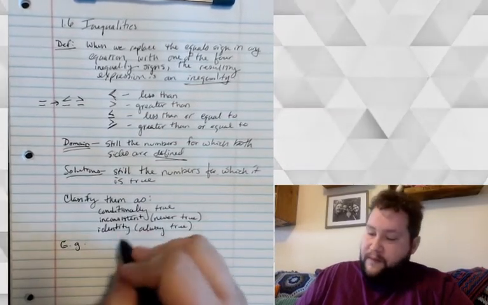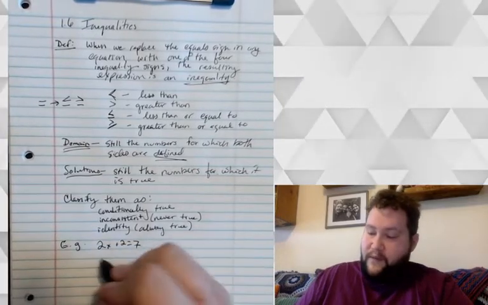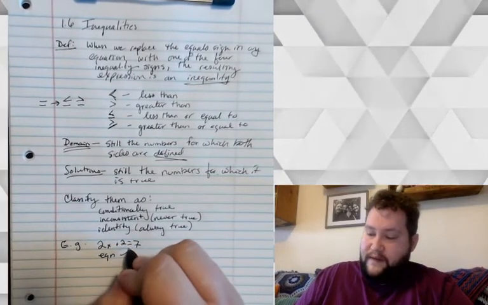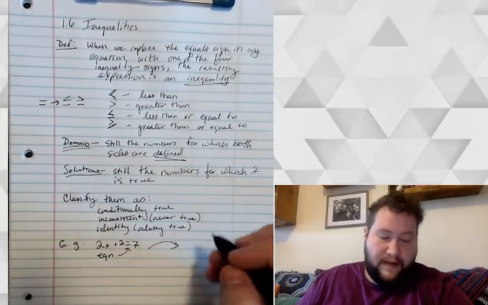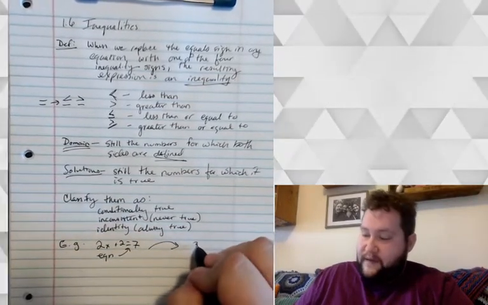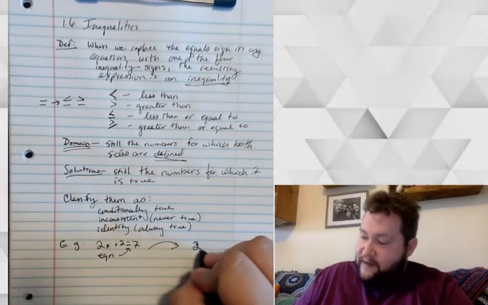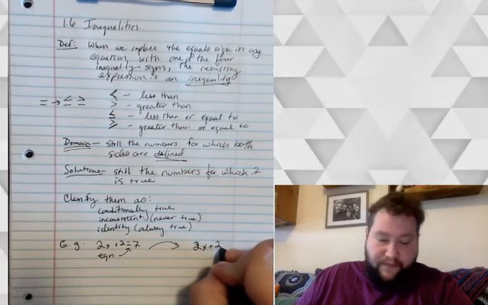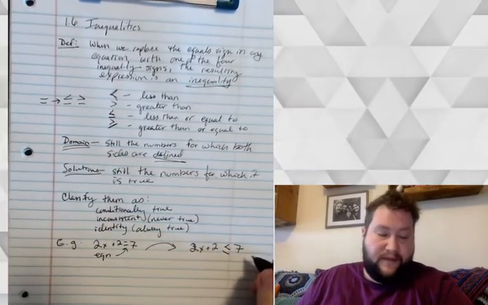For example, suppose we have 2x plus 2 equals 7. Well, that's an equation because it has an equal sign. And so we can convert that into an inequality by writing the same thing: 2x plus 2 is less than or equal to 7.